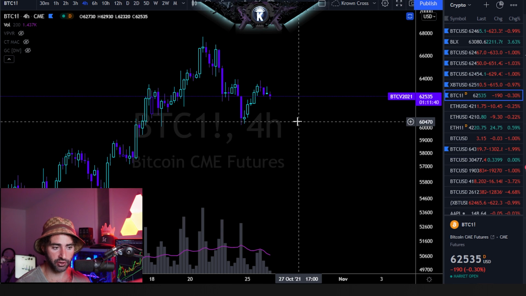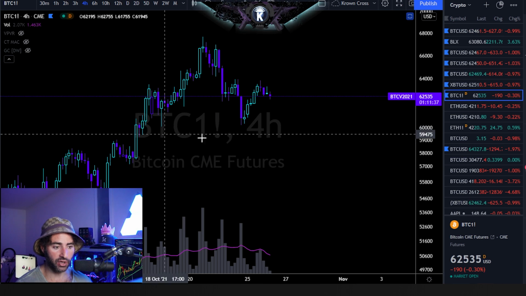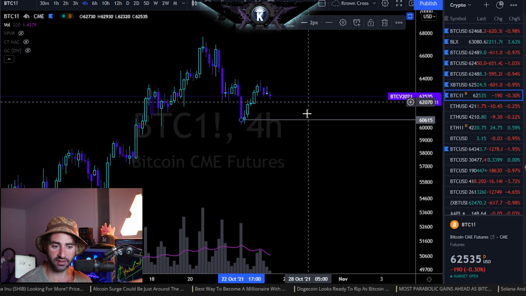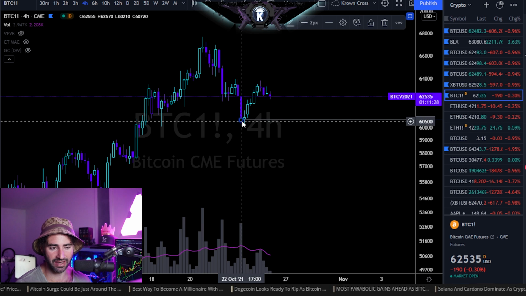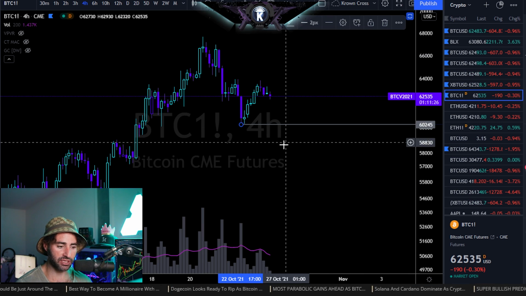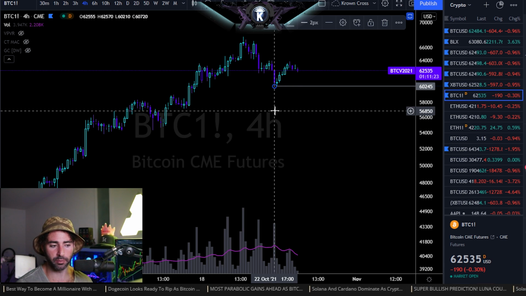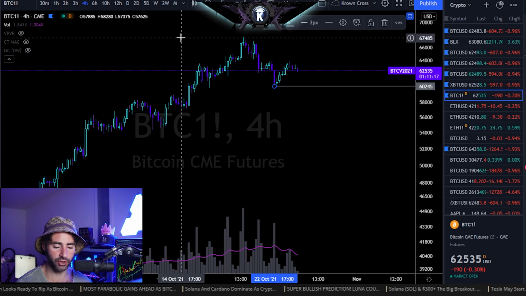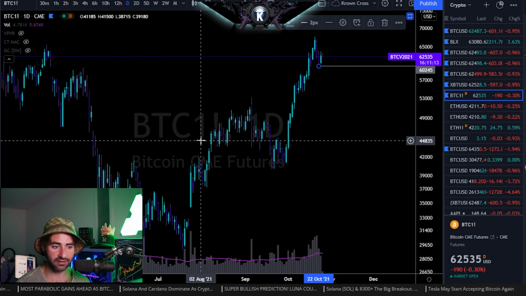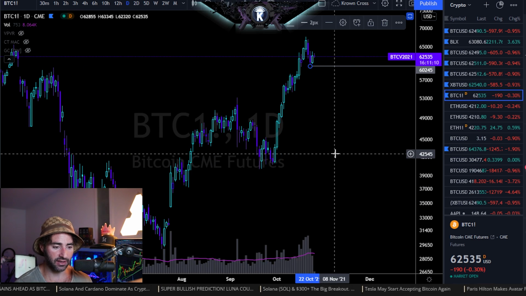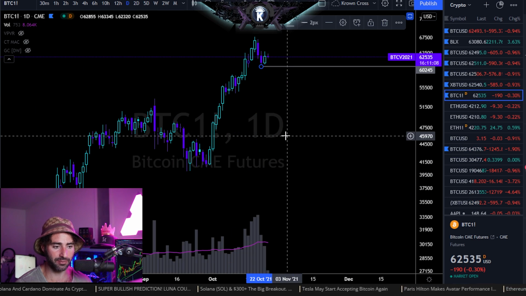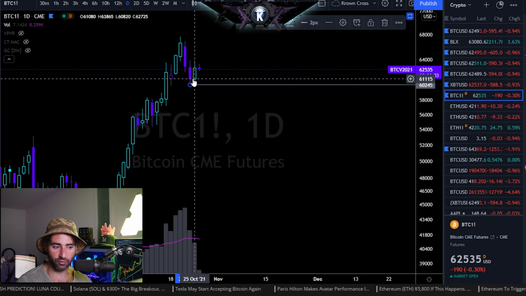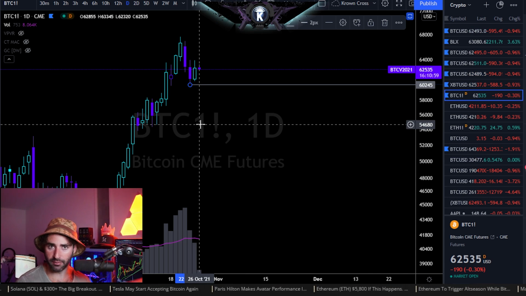So I do look at this as still a range at the highs, which is good, but I would say that if Bitcoin does start to close 4-hour candlesticks below this 60,600 pivot, or just call it 60,000 even if you want to be super conservative here, which I think is actually wise, then I would be looking for Bitcoin to work its way down at minimum to 57.5 and then probably find its next higher low at $55,000. Because remember, we have not seen the higher low on Bitcoin just yet. It has been a straight march up since $40,000. So at some point, very likely we'll do that. That will be, in my opinion, the next big opportunity. The question is, is it happening right here or do we go a little bit lower first? I am neutral to that.